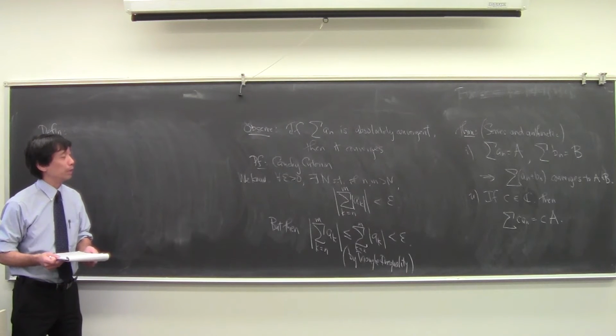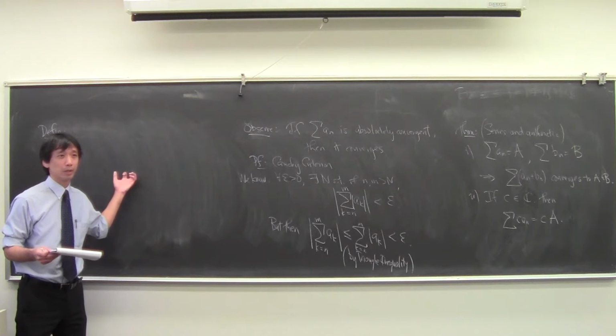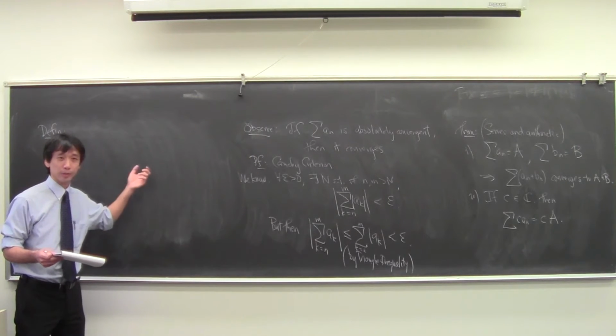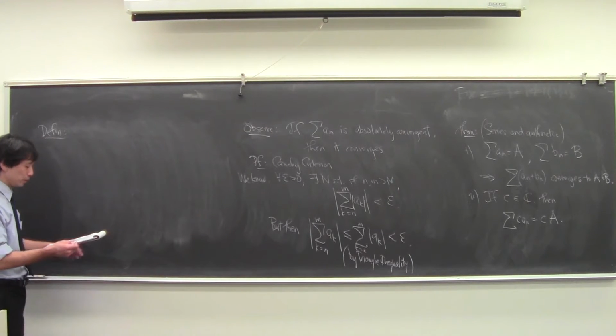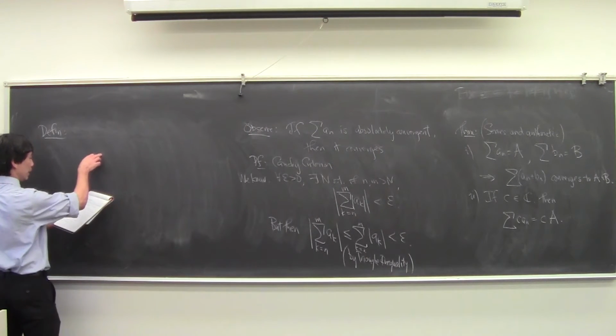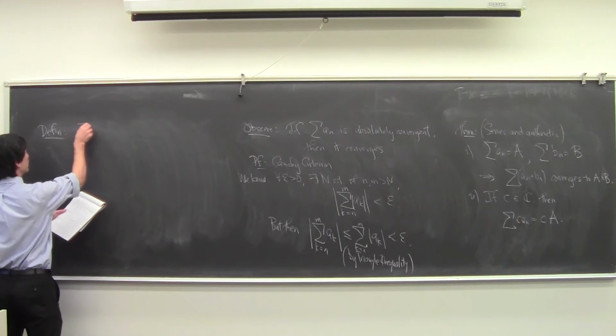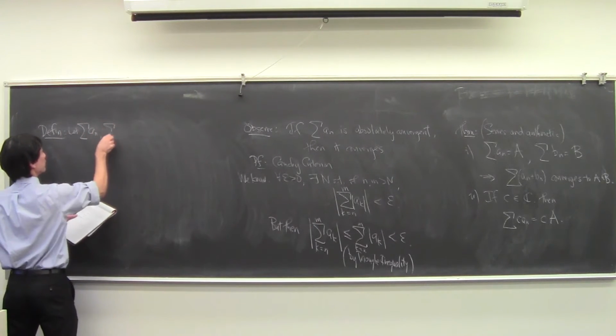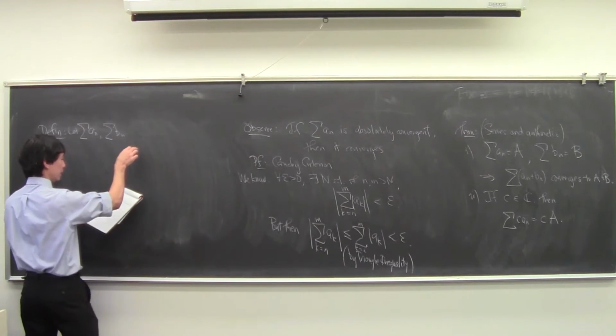When you have two series, and you have something that converges to the product of those series. Okay. So let sum a sub n, sum b sub n be series.